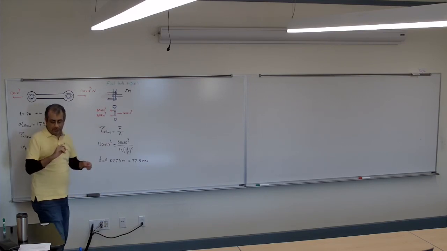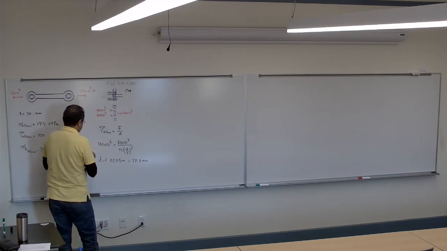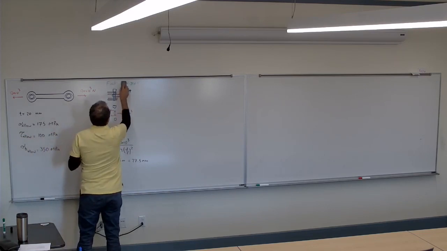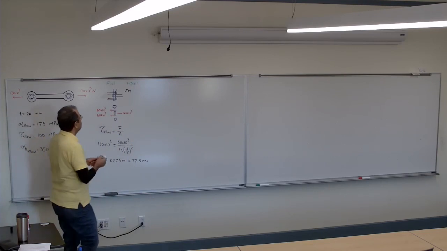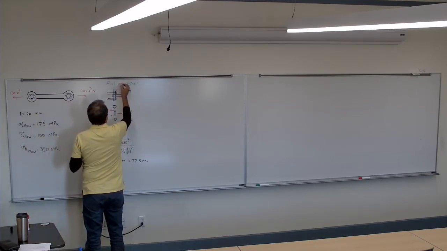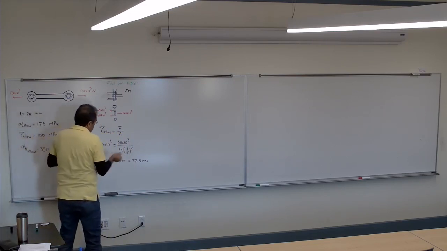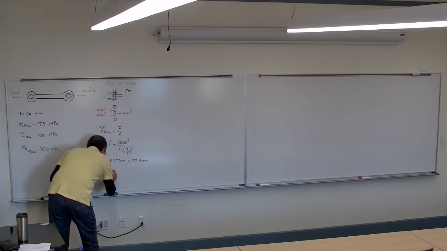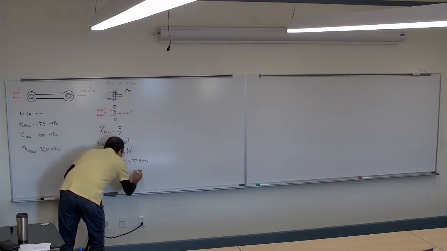Okay? So for that hole, we are going to find the pin size, because probably it's bigger than the hole size. So we choose from the book 28, D equal to 28 millimeter.